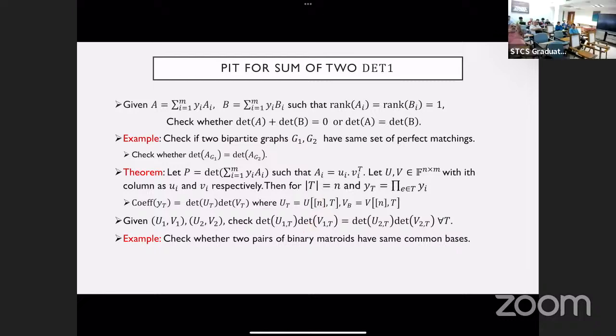So the theorem just states that if P is the determinant of such a matrix, then the coefficient of any monomial in Y that you care about is precisely the product of the two determinants. Okay, yeah, sure, okay.